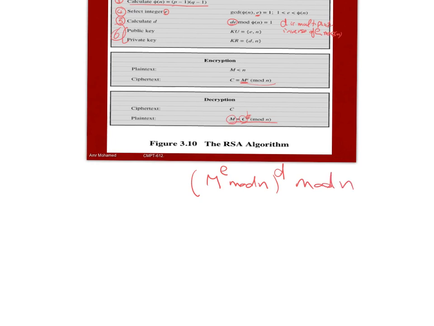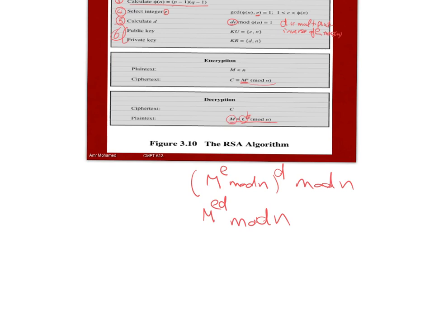So we need to prove that all of this is equal to m. Using the multiplicative property, we can in fact get the mod outside, right? So we can say m to the power ed mod n. Using the multiplicative property.